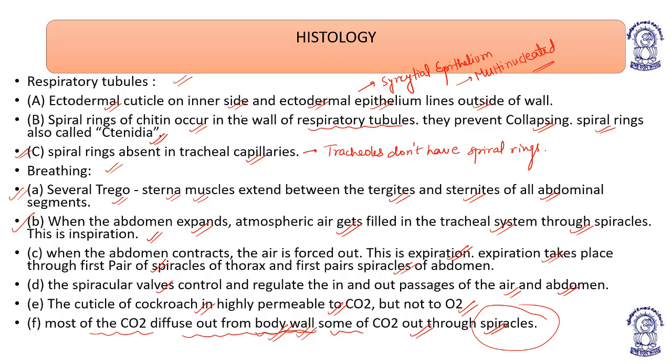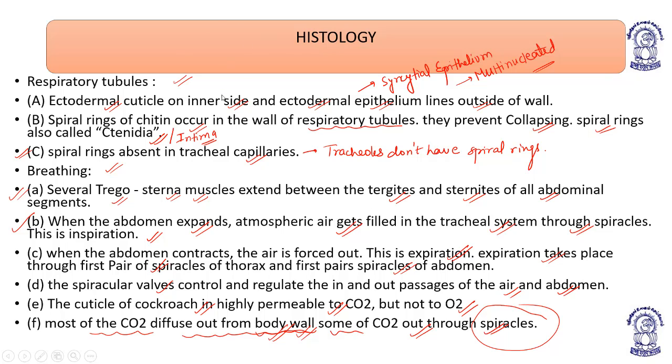This is ctenidia, also known as intima. So the ectodermal cuticle is on the inner side, and the outer side is the syncytial ectodermal epithelium. Spiral rings of chitin are known as ctenidia, or intima. Understood?